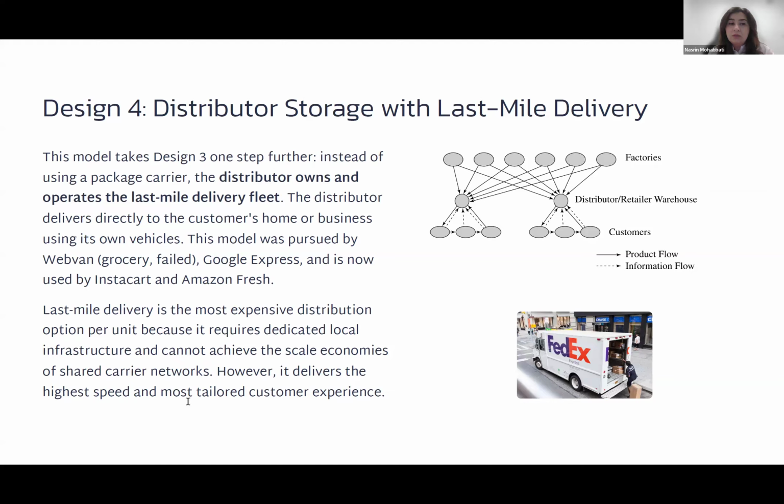If you remember, we talked about the failed business, Webvan, the same thing. They tried to do grocery delivery the same day long ago, when there wasn't any particular demand for it, so they failed.